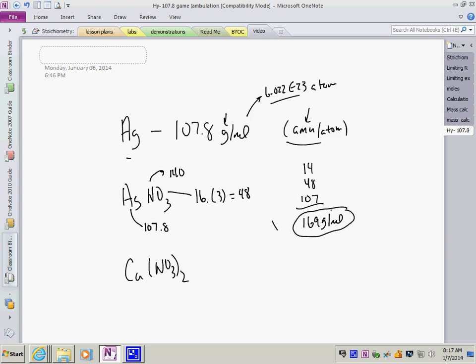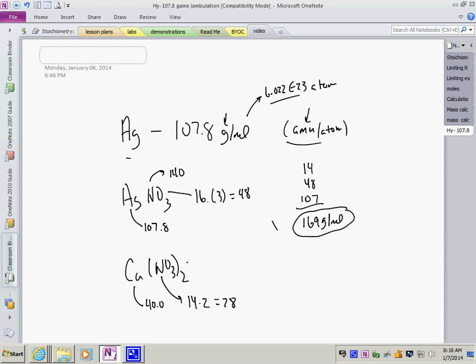Now, let's look at the calcium nitrate. The calcium has a molar mass of 40.0. Now, there are 2 nitrogens, so 14 times 2 is 28.